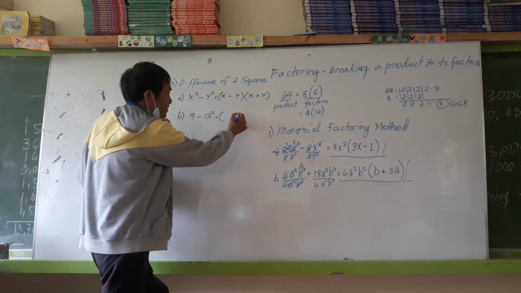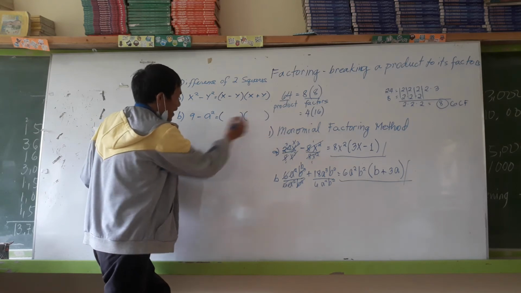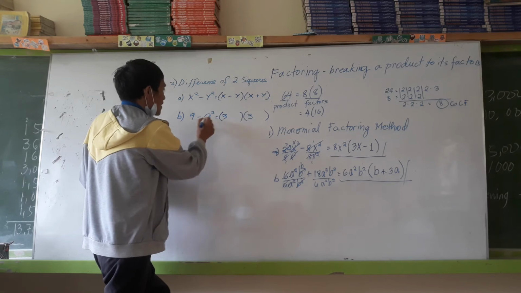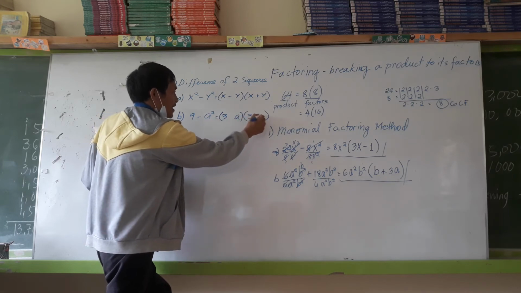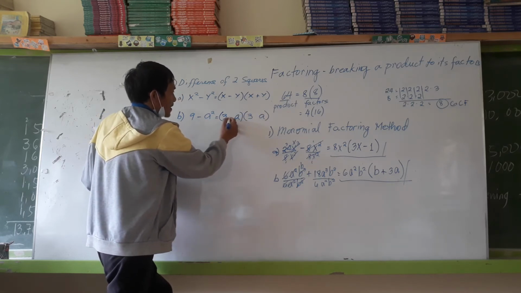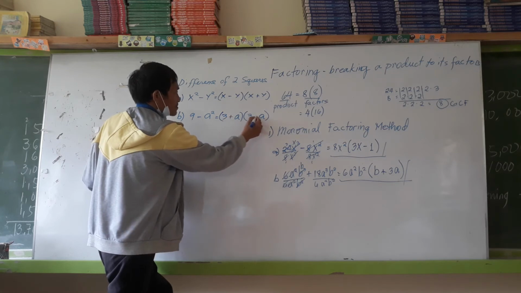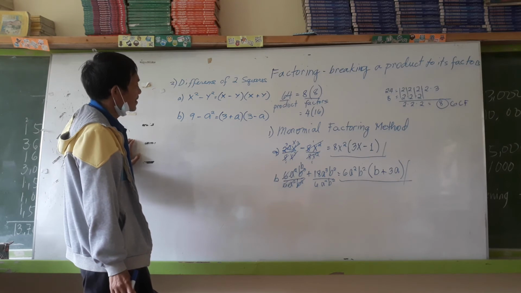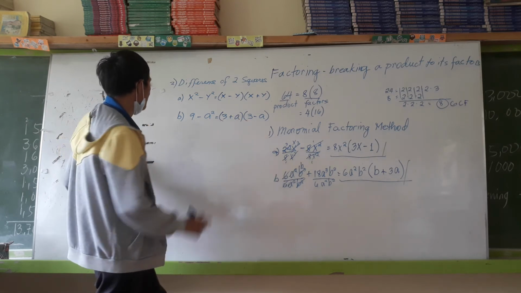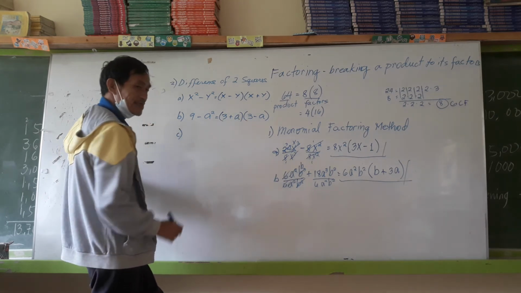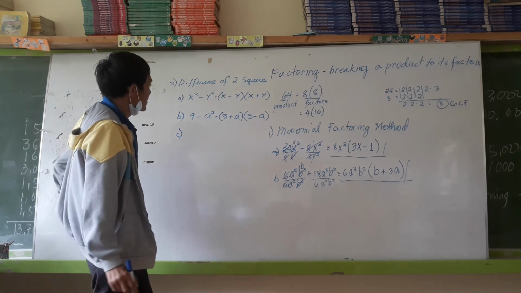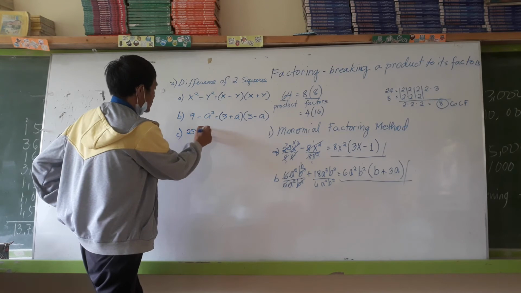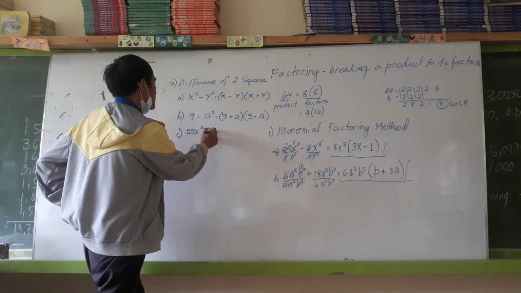This one, get the square root of the first term, that is 3. Square root of the second term, that is a and a. Then alternate the sign, plus, minus. Okay? Alternate the sign, plus, minus. Let's have one more example. You could have also 25x squared minus 16.